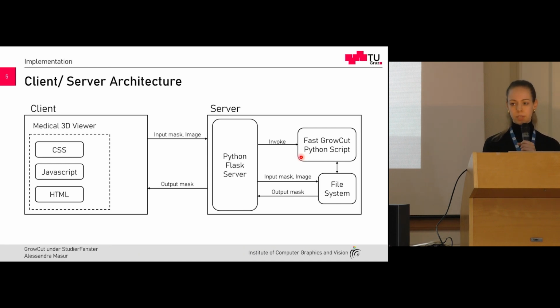And furthermore, a Python script cannot be executed in the browser, so that's also why it's located on the server side. So the Python script takes its input from the file system, it computes the GrowCut segmentation, and then it stores the output again in the file system. From there, the output mask is loaded by the Python Flask server, sent back to the client side, and then it is automatically shown to the user in the medical 3D viewer.